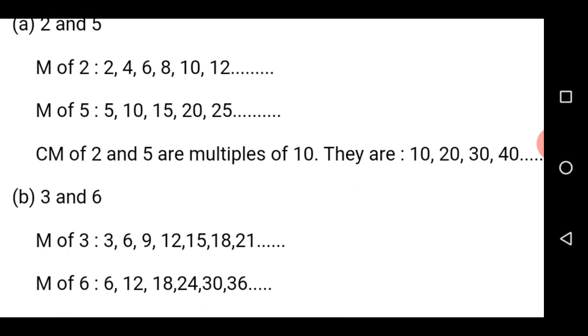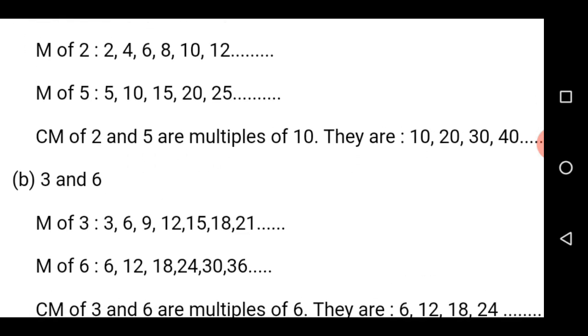So you can still have more numbers. That is why we put dots, in order to tell you that the number is still continuous. So multiples of 2 are 2, 4, 6, 8, 10, 12, and so on.